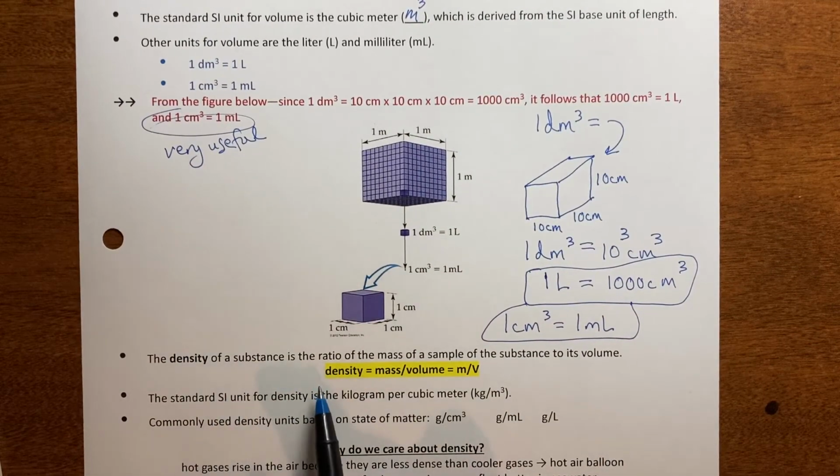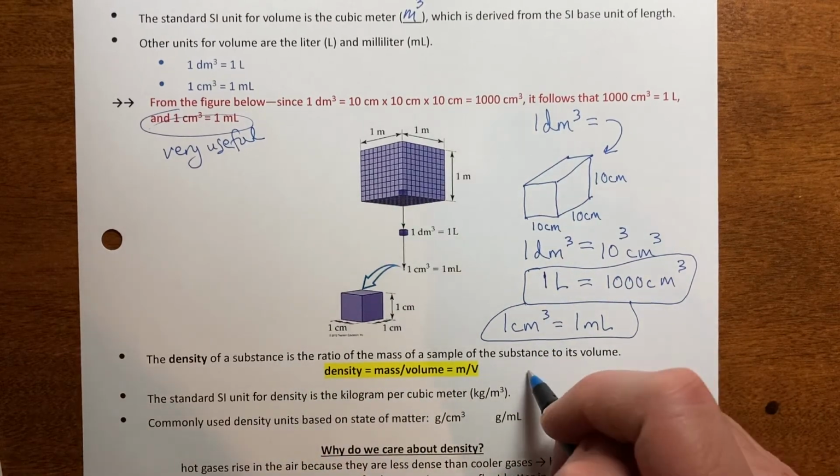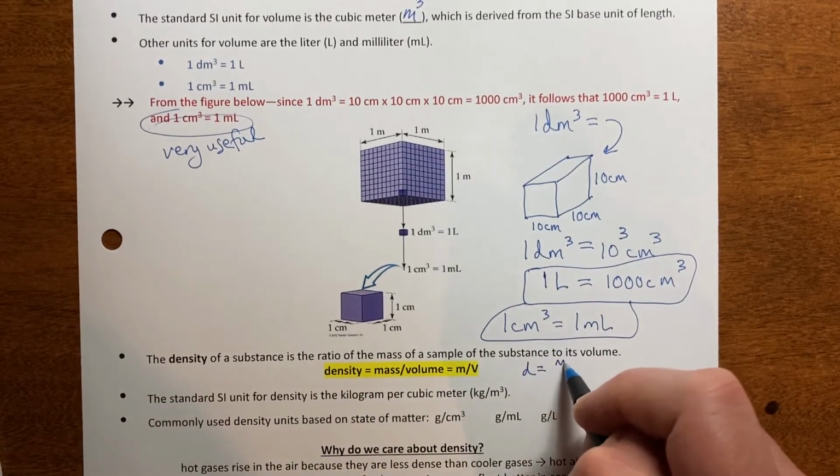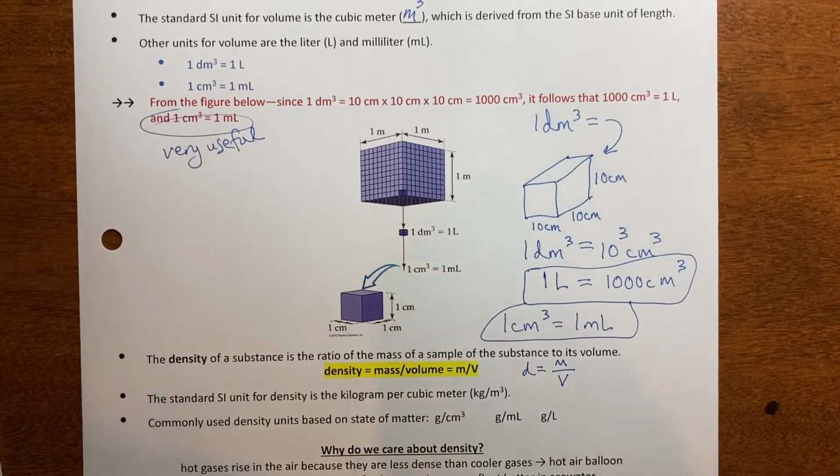The density of a substance is the ratio of the mass of a sample of the substance to its volume. So it's mass divided by volume, or D equals M over V. Sometimes you'll write it like this: D equals lowercase m over capital V. When I type things out, I have to do it in horizontal fashion, like that, m / V. But if you're going to write it properly, you would write it as a fraction like that.